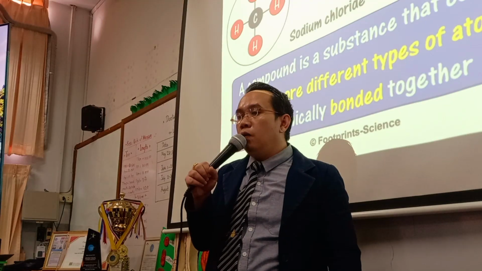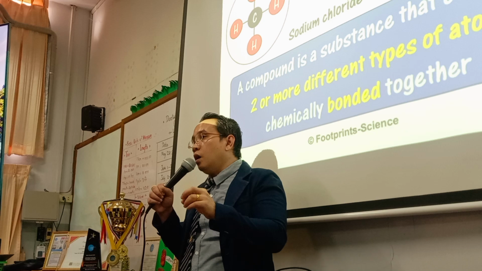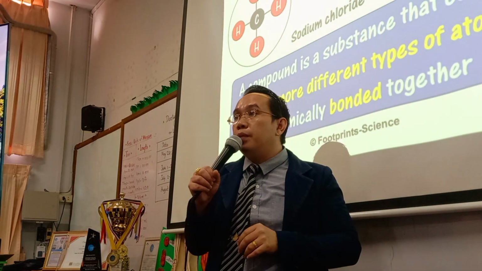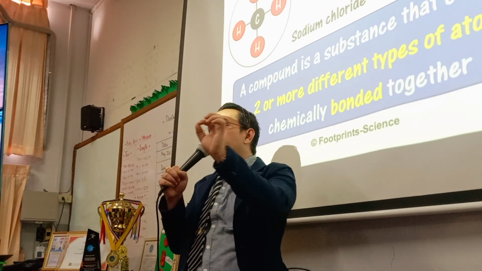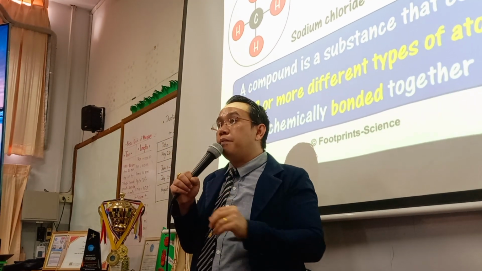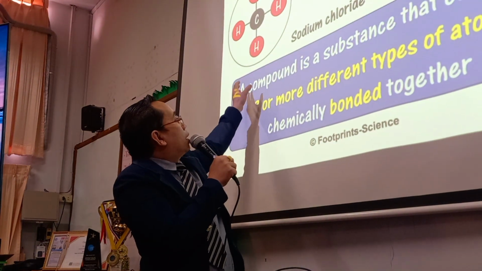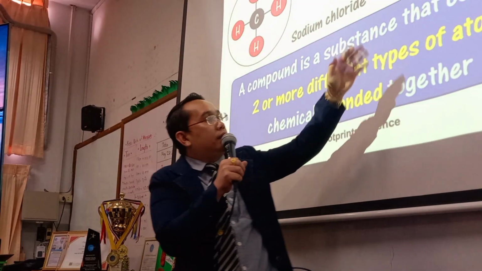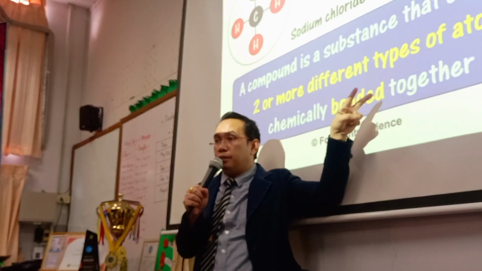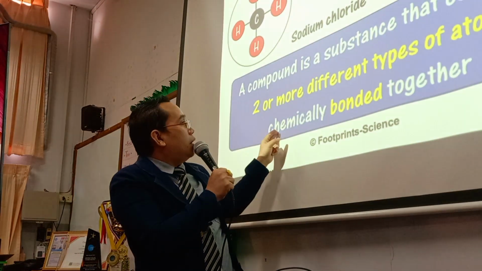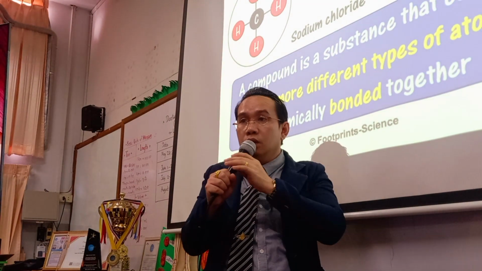They are bonded with other elements, composed of different numbers of atoms, so it's easier to form hydrogen bonding, covalent bonding, and ionic bonding, right? A compound is a substance that contains two or more different types of atoms chemically bonded together. Remember this.